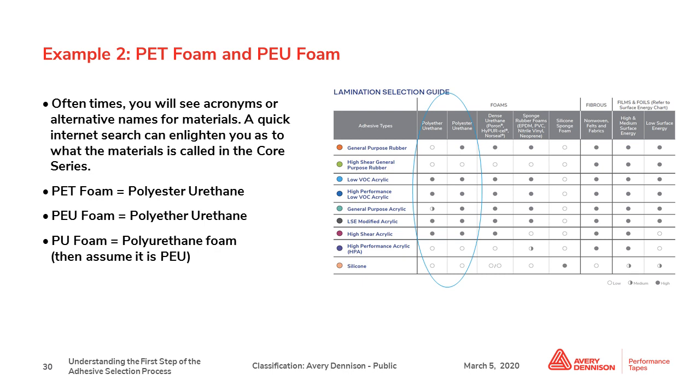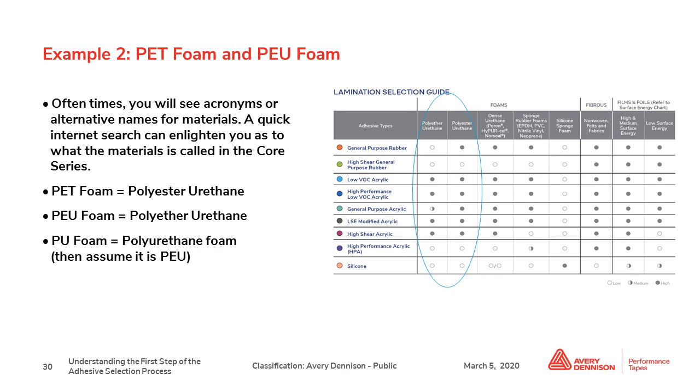So if you're looking through the guide and you see, oh, I'm working with a PET foam, and some of you might not know what PET is, you can easily Google it and find out that PET is the acronym for polyester, and that's polyester urethane. If you see PEU, that's a polyether urethane. Okay, and then if you see just PU, that's the broader category of polyurethane foam.